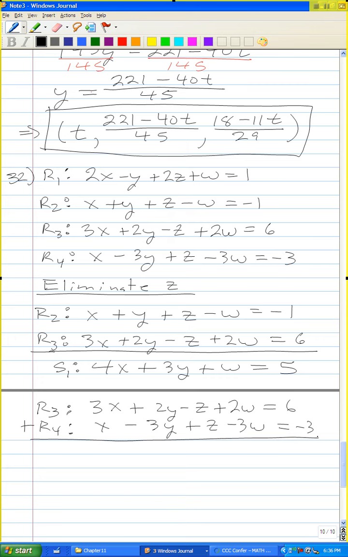Let's add these. Let me just check. Okay, I think I've written these down correctly. So let's add these together.